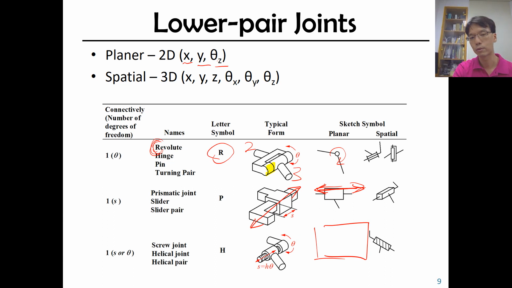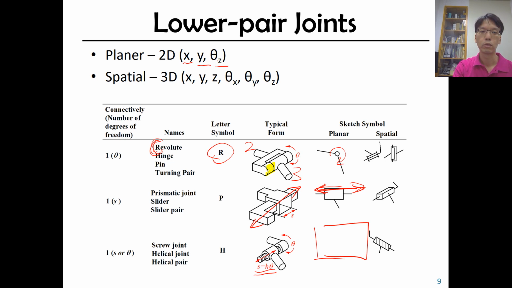If I rotate theta, it will move s. If I rotate 2 theta, it will move 2s. So basically, the linear motion and rotational motion have a certain relationship. They are not independent of each other.